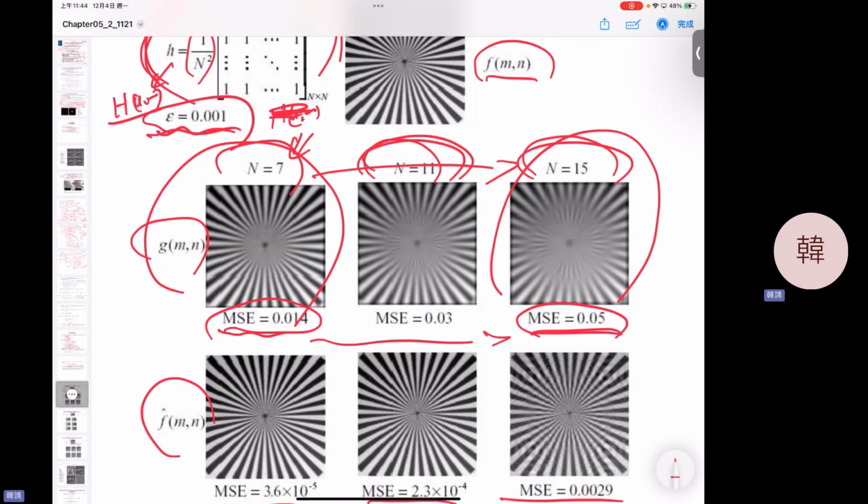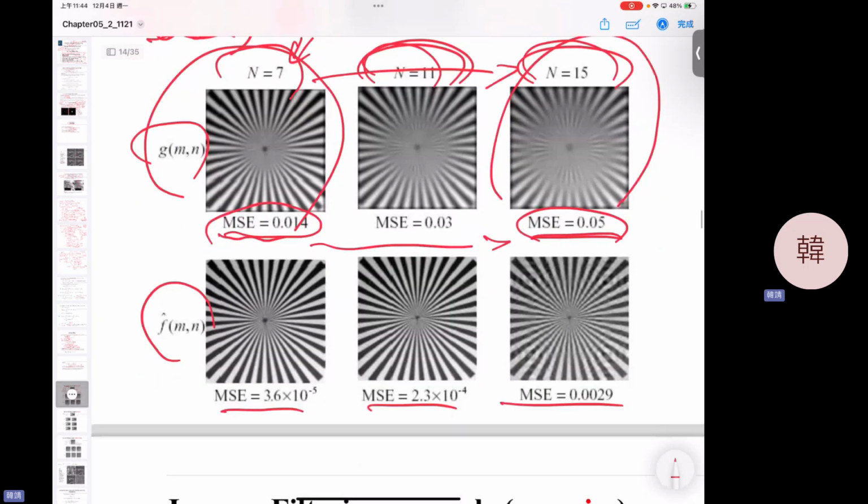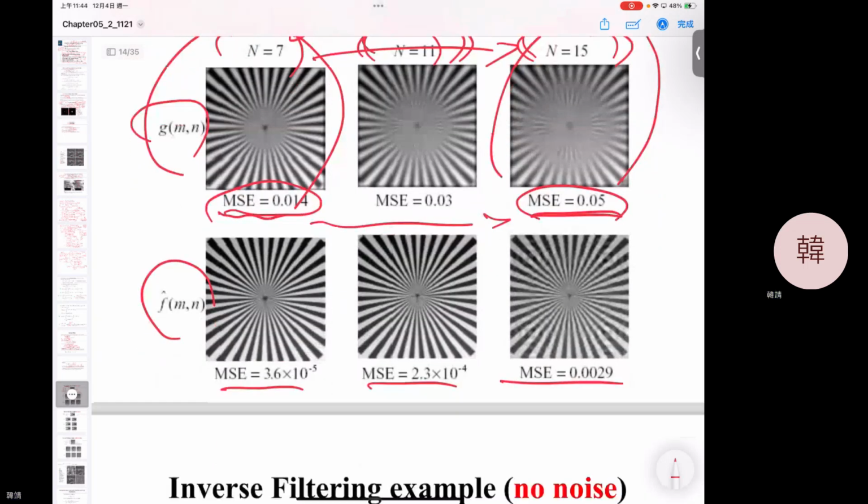When it's smaller than this one, the inverse becomes 0. So there's no magnification for this spectrum value in an energy location. So the result is like this.